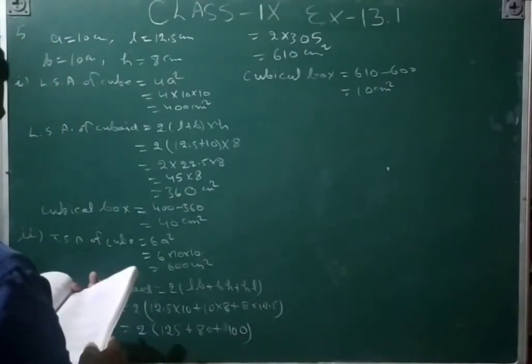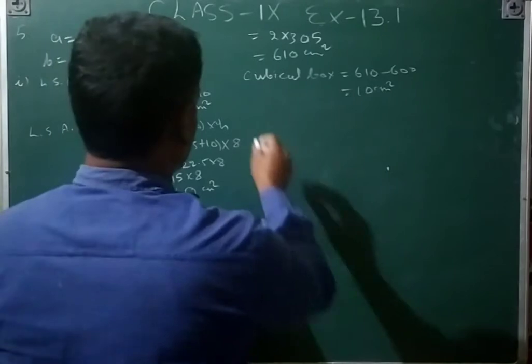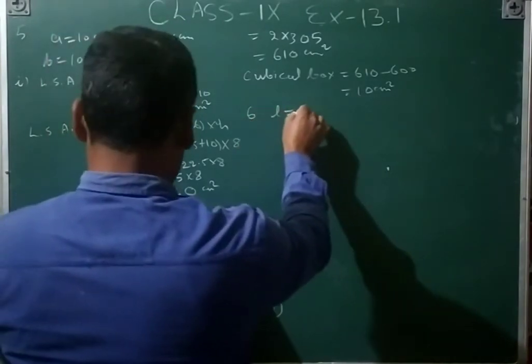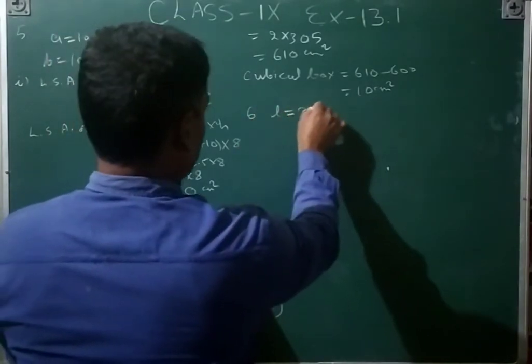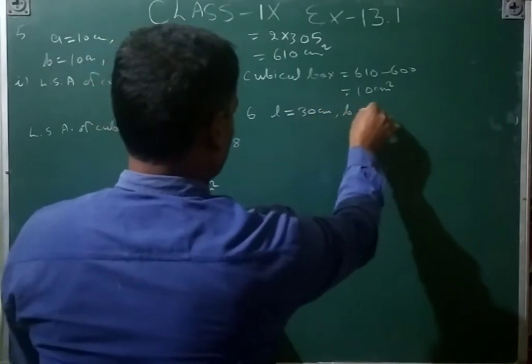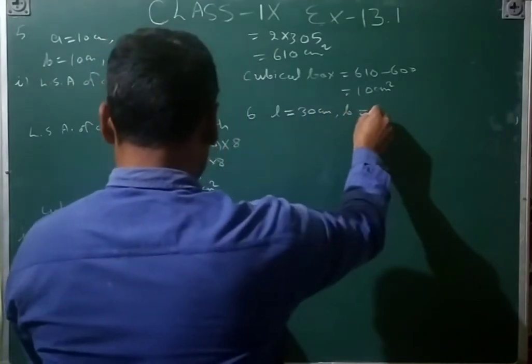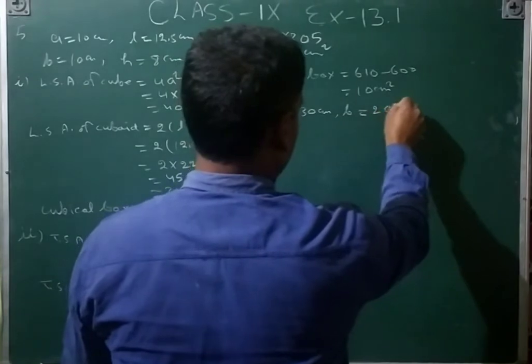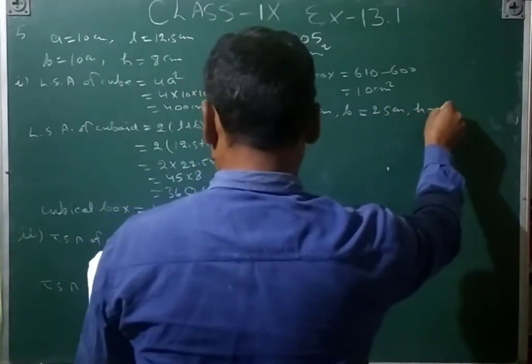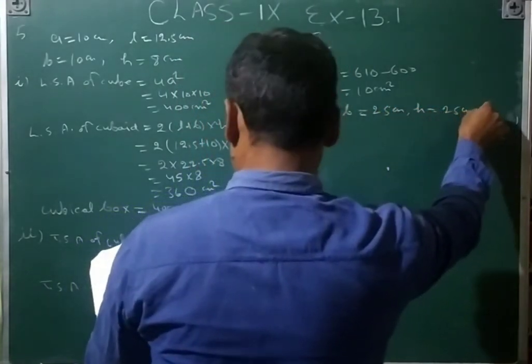And then question number 6, where length, breadth, height are given. Length is equal to 30 centimeter, breadth is equal to 25 centimeter, height is equal to 25 centimeter.